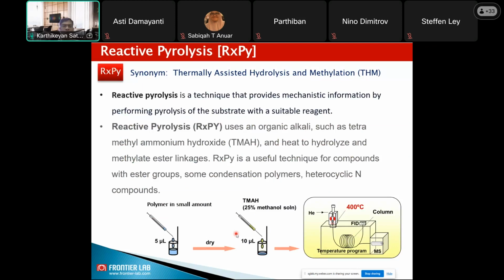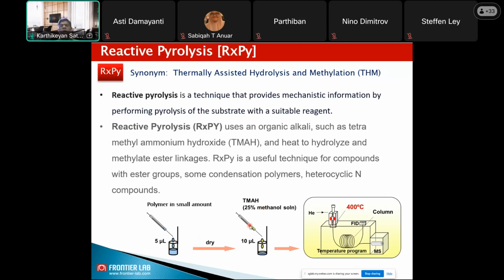When you carry out reactive pyrolysis, you basically transfer the sample, in solution or solid form, to the sample cup first. Then you add this methylating reagent, and most of the time you will be using tetramethyl ammonium hydroxide to have this alkali condition. The tetramethyl ammonium hydroxide can be diluted or dissolved in a 25% methanolic solution, and we generally use a very small volume.